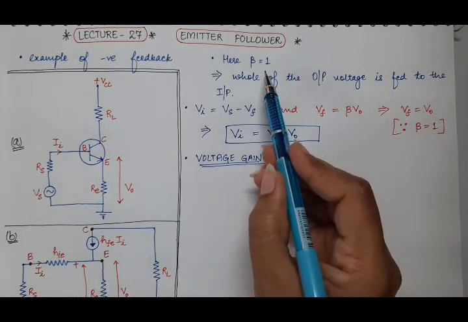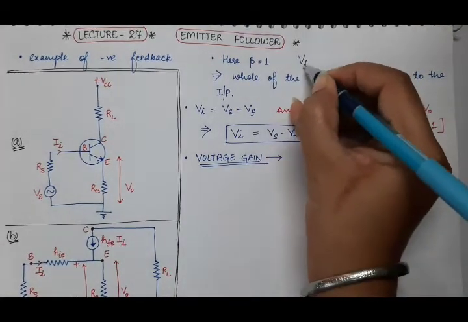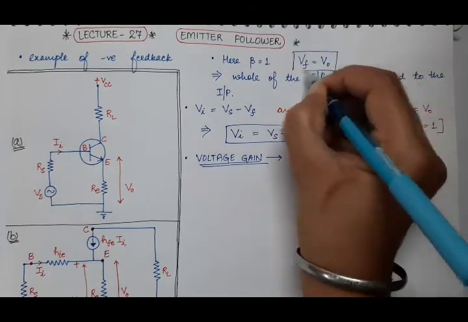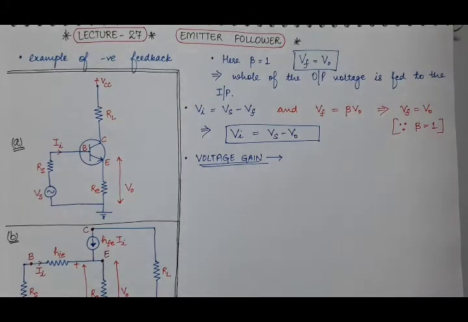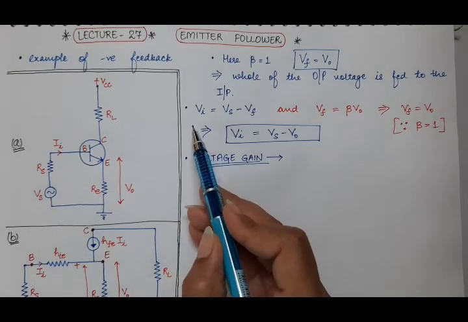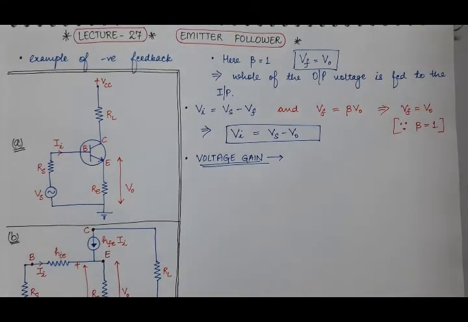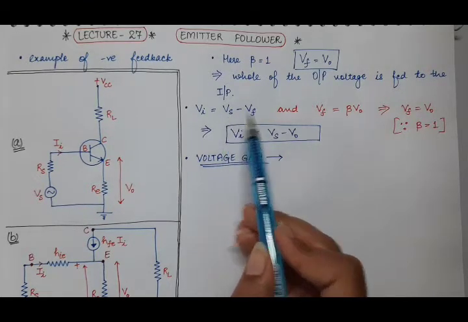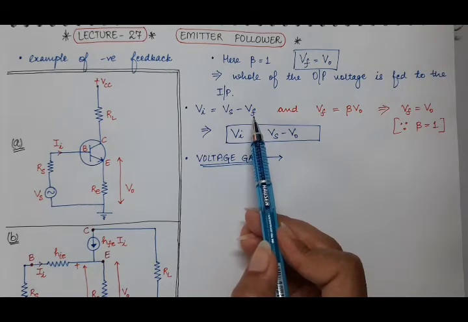It means Vf equals beta V0, and beta is 1, so Vf is equal to V0 here. So what does this mean? That the whole of the output voltage is fed back to the input. Because the feedback is negative, the feedback voltage will be subtracted from the input signal voltage.